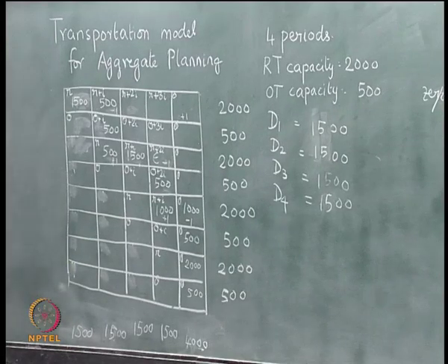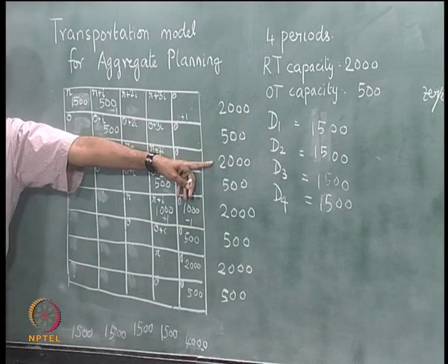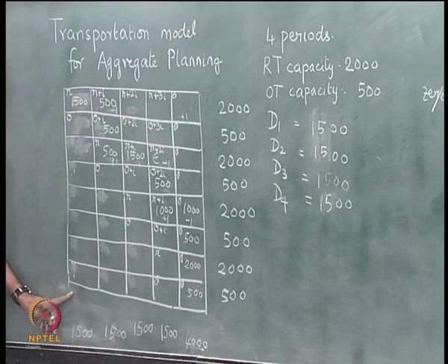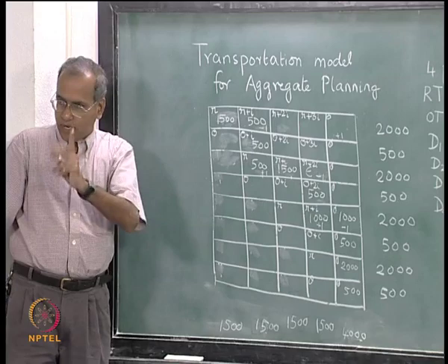If we allow back order, it means I can use regular time capacity of the second period to meet the demand of the first period, which means I back order by one period.